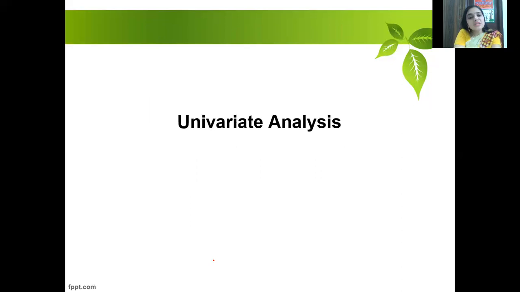In our next presentation, we'll be discussing univariate analysis. Till now, we discussed editing and coding, how to make data usable. Then we discussed descriptive analysis, like how to describe the data. We were just describing the data with the help of central tendency, mean, median, mode, or with the help of your standard deviation, right?